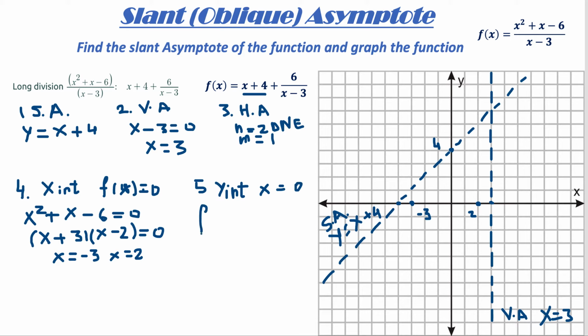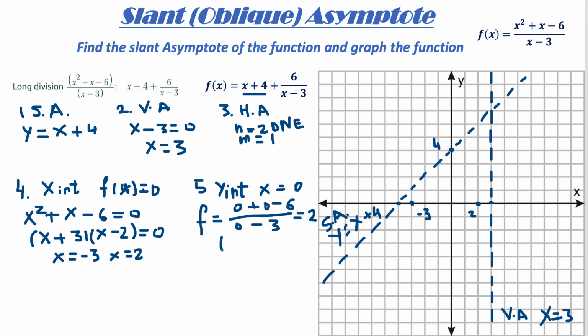Anywhere I have x, I substitute 0, even if it has a coefficient, because a coefficient times 0 is 0. So this is just minus 6 here, divided by 0 minus 3, and minus 6 divided by minus 3 is positive 2.